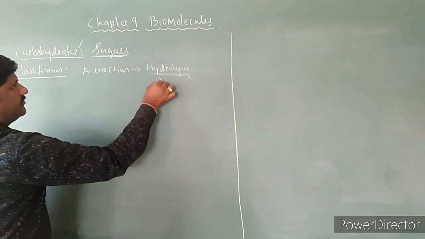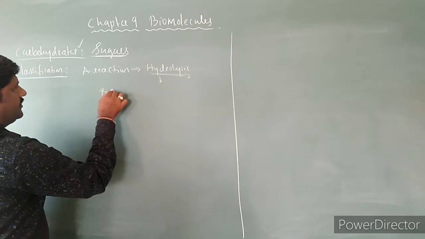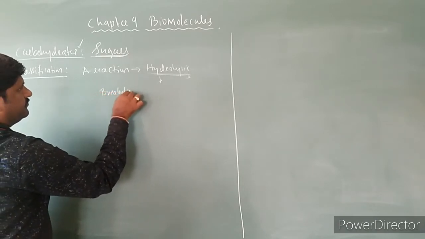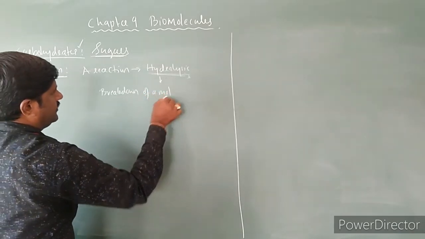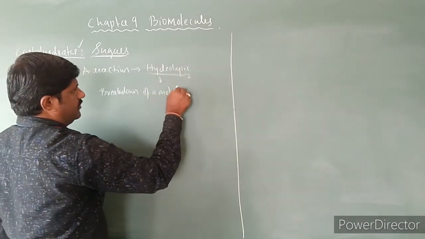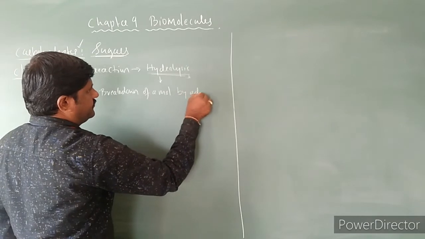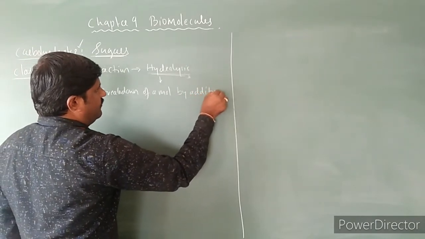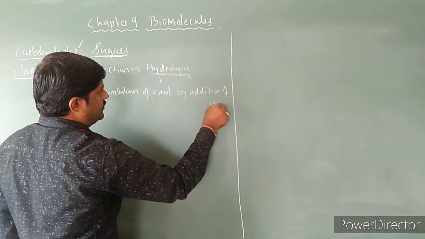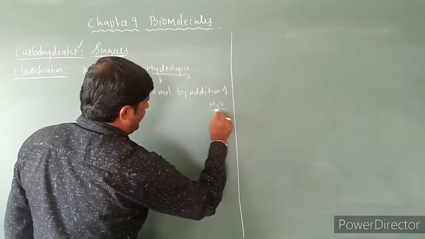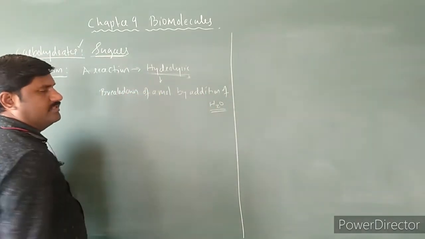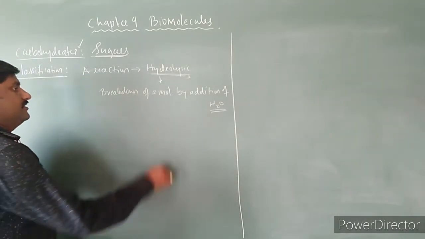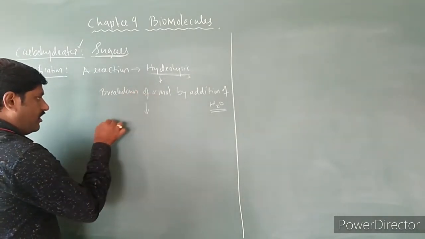It is nothing but the breakdown of a molecule, that is a sugar molecule, by addition of water. When you add water, the breakdown of the sugar molecule takes place.